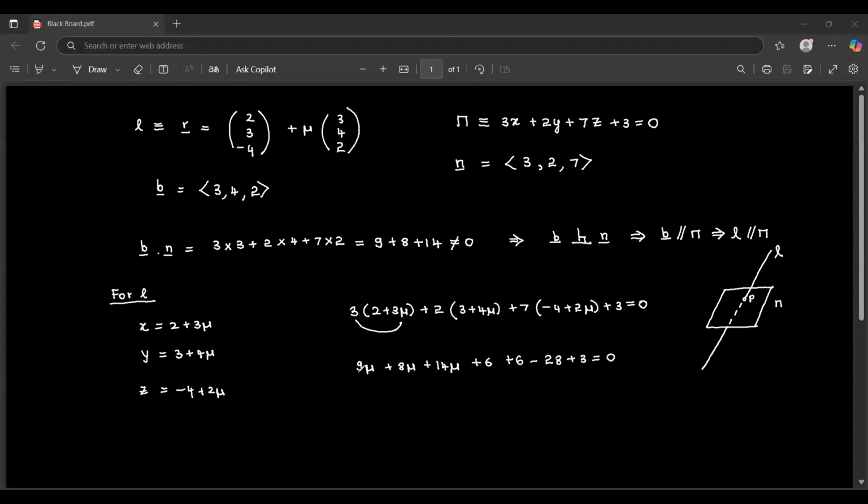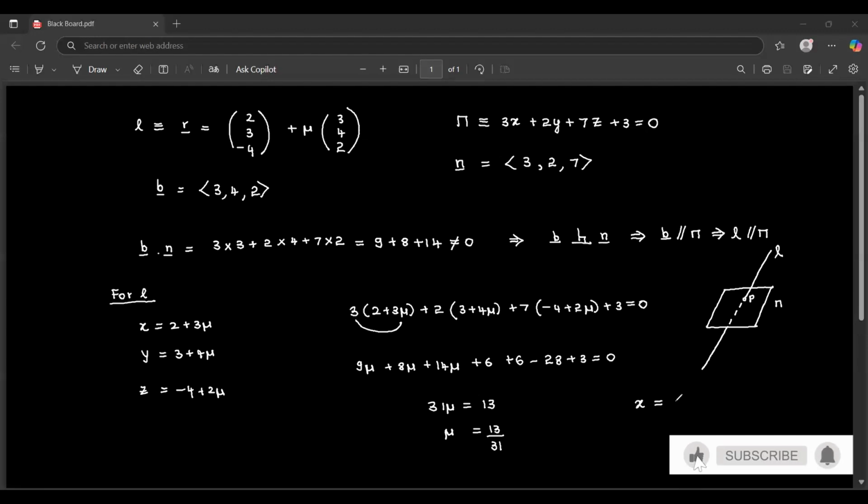So totally we have 9 plus 8, 17, 17 plus 14, 31 mu. 31 mu will be equal to 6 plus 6, 12, 12 plus 3, 15, 15 minus 28, minus 13. When you bring it to the other side, it will be plus 13. So mu will be equal to 13 over 31. Now we know the value for mu at which point P lies on L as well as the plane phi.